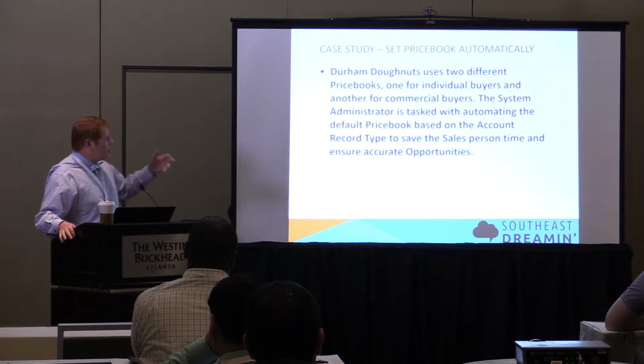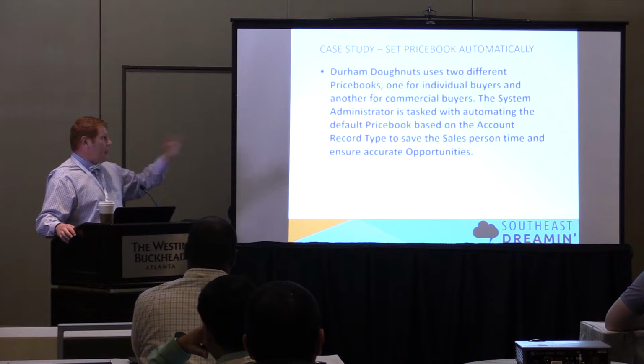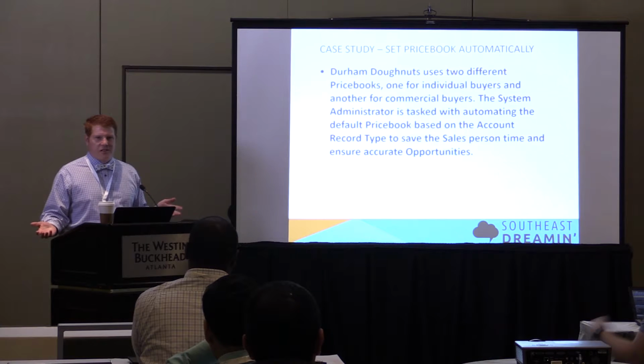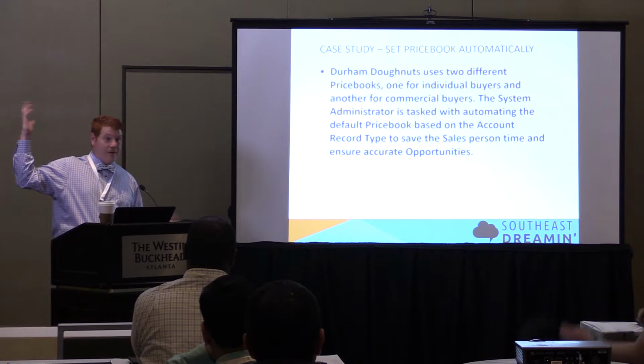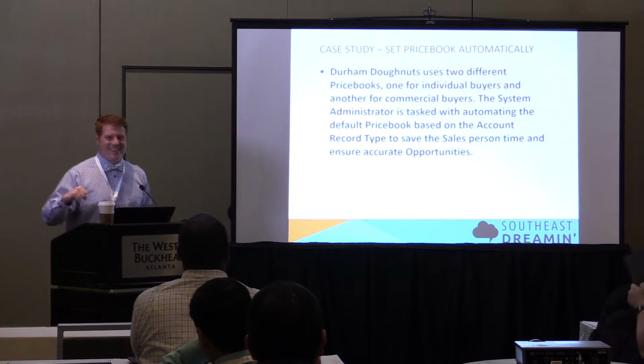So in our case study here, we are the system administrator, and our job is to essentially take the two different price books that we have, and of course, this is a simple example. How many price books do you guys have? You know, I mean, what, 10? Anybody? No? One? Okay, maybe this won't be a great example then.